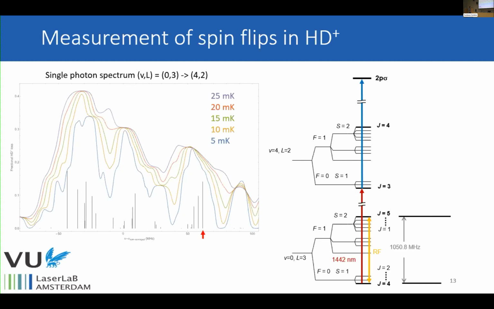Then if we have our RF source on, if we do the spin flips, so we transfer population to J = 4, then of course we expect to have a little bit more than this 20% dissociation. So that's the idea. We scan this RF frequency, we measure the amount of dissociated HD+, and wherever this frequency is resonant, we have the most amount of dissociation.